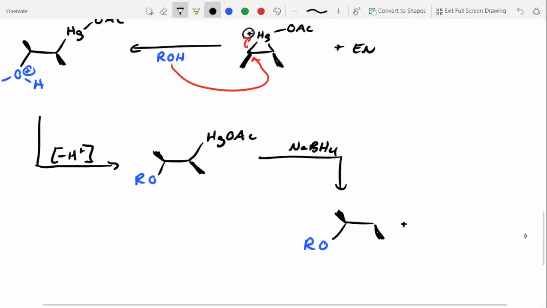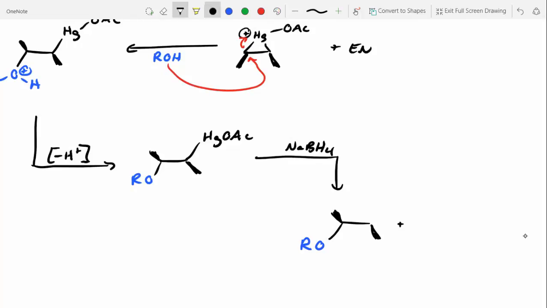And I believe that this reaction is not regioselective, or sorry, stereoselective. So this methyl group could be a dash or a wedge, but in this case it doesn't really matter, right? And why does it not matter? Yeah, it's not a stereocenter. So if we want, we can just draw it like that. And I'm just going to erase this for clarity.